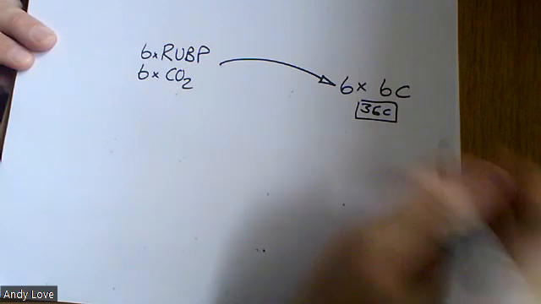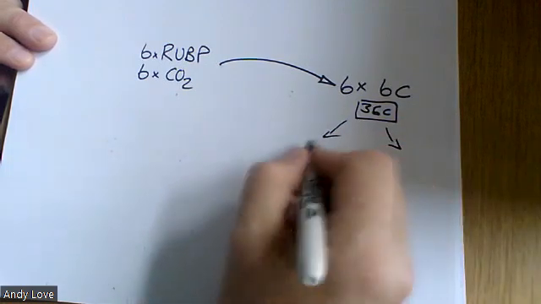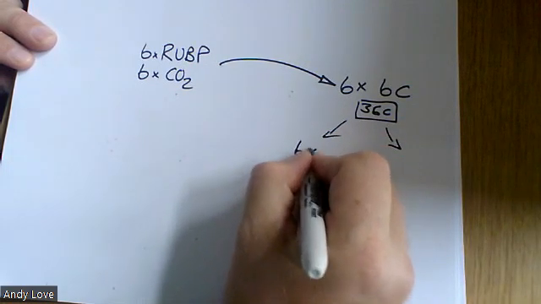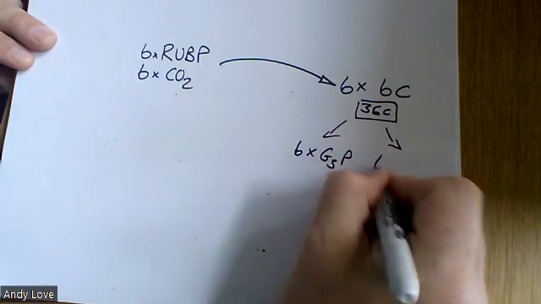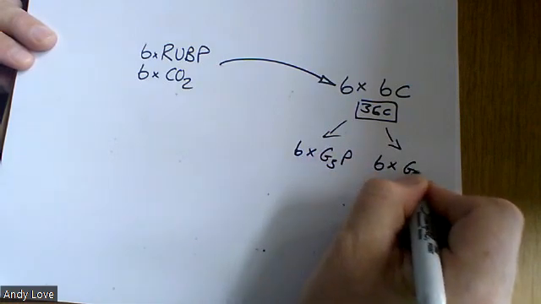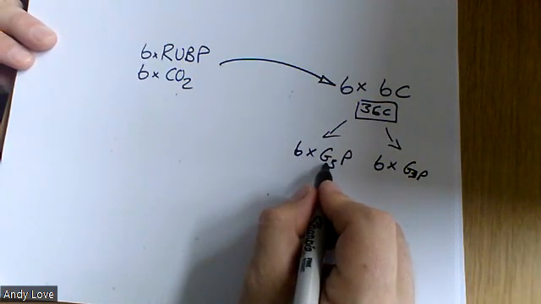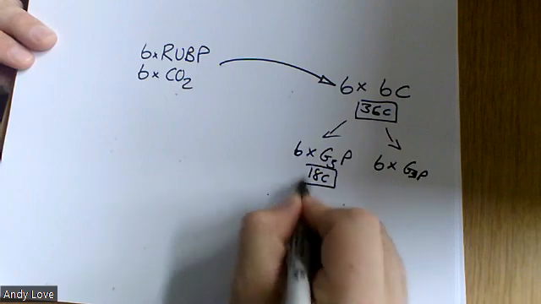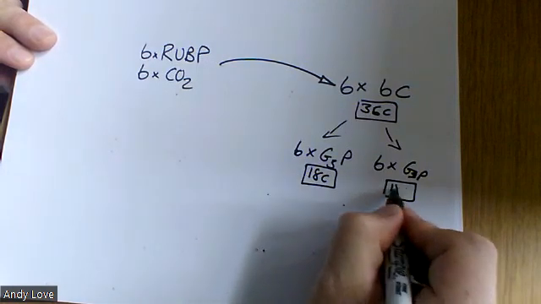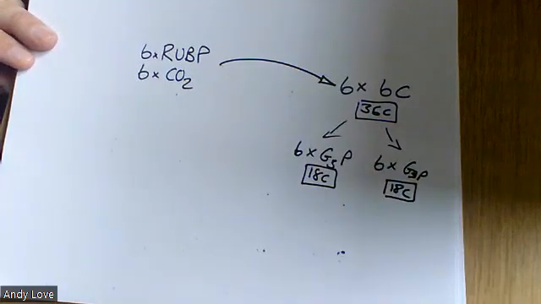Now that they split automatically into 6 lots of G3P and 6 lots of G3P. Because remember, it's only got 3 carbons. So 6 times 3 carbon molecule is 18 carbons. 18 carbons. Can you see? We've not lost any carbons yet.